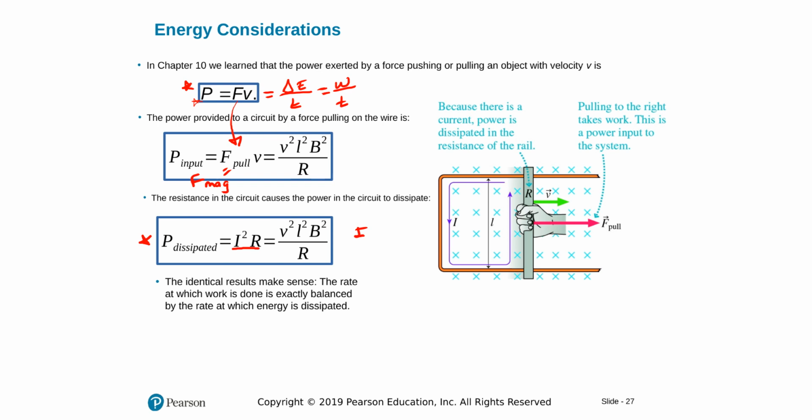Now the last equation here again is in the book, so I put it here, but it wasn't necessary. This is just inputting I equal to VLB over R. So if you input this over here, we can get this equation.